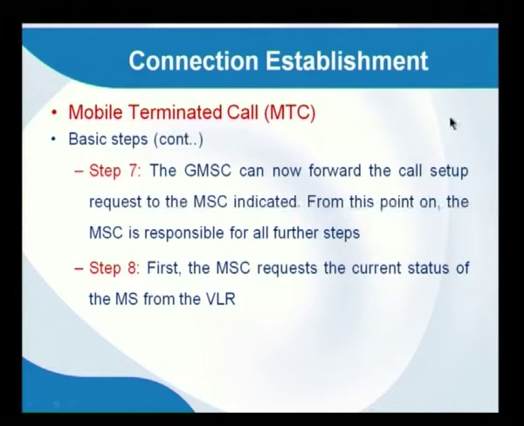In step 8, the corresponding mobile switching center requests the visitor location register for the current location of the mobile user, because mobile users keep moving from one location to another. The VLR is responsible for automatically updating the mobile users' locations. Now the visitor location register gives the information to the mobile switching center.